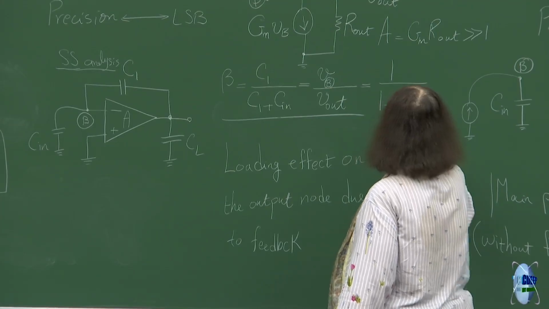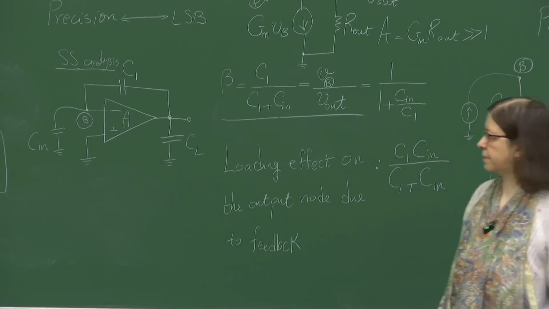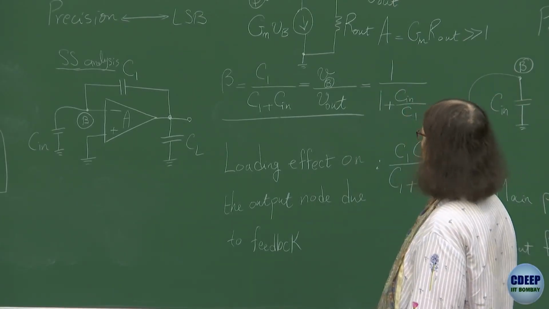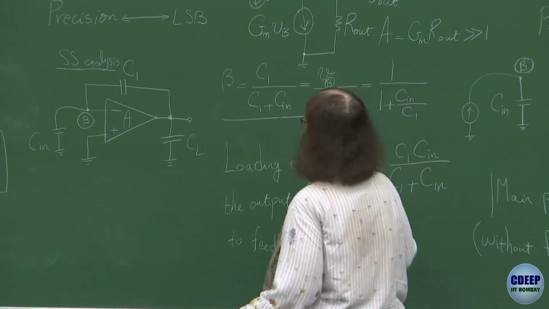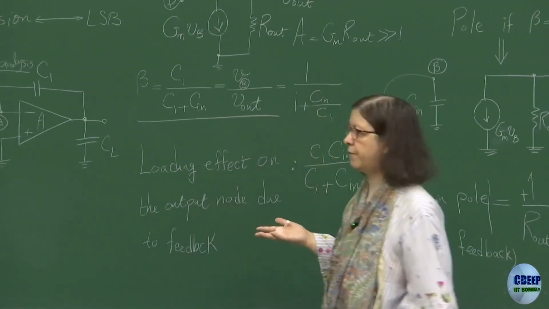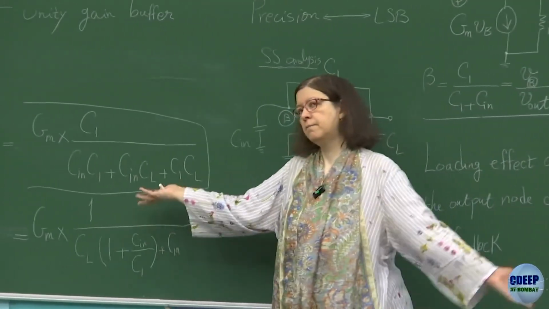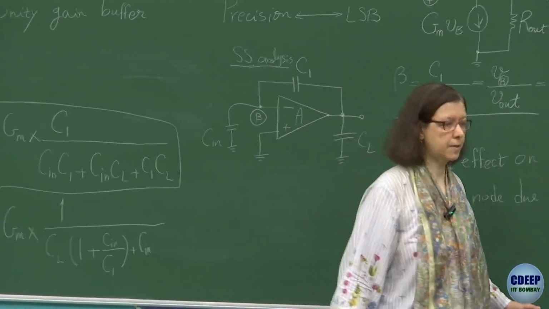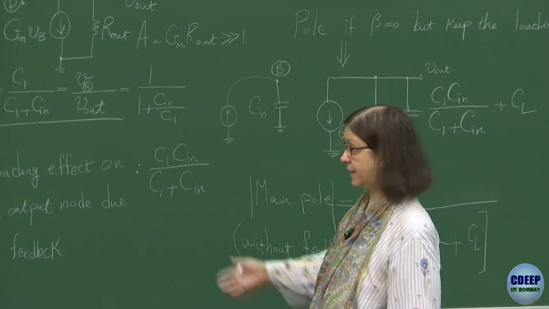In fact, Cin upon C1 directly determines the feedback factor. But that is okay, because you can actually make Cin very low, therefore the feedback factor approaches 1. And that means that you will have the maximum bandwidth, which is fine. That's the ideal case, at least for the buffer.